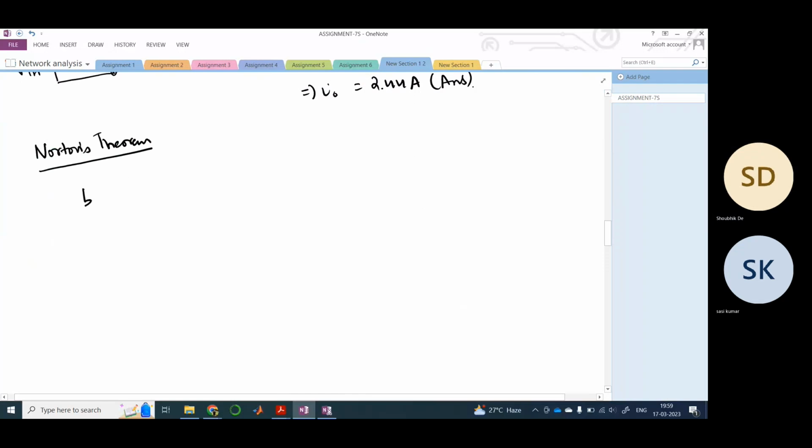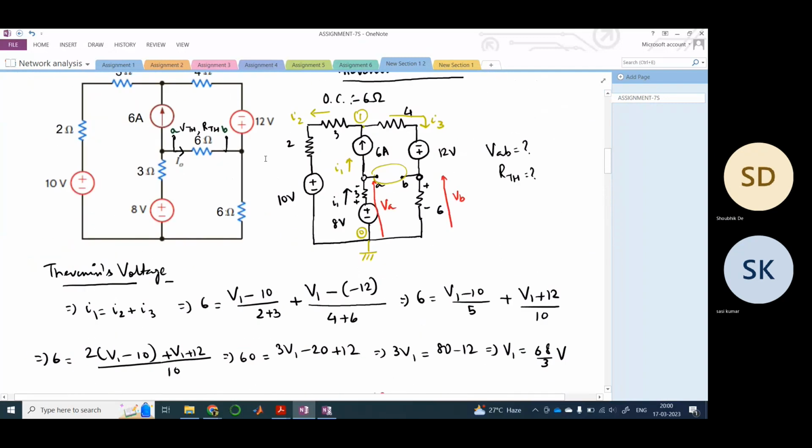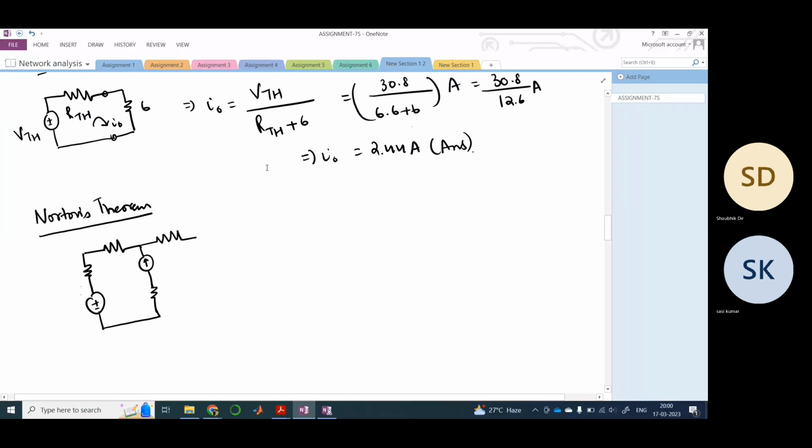so here this part would be shorted, and here there was a resistance.